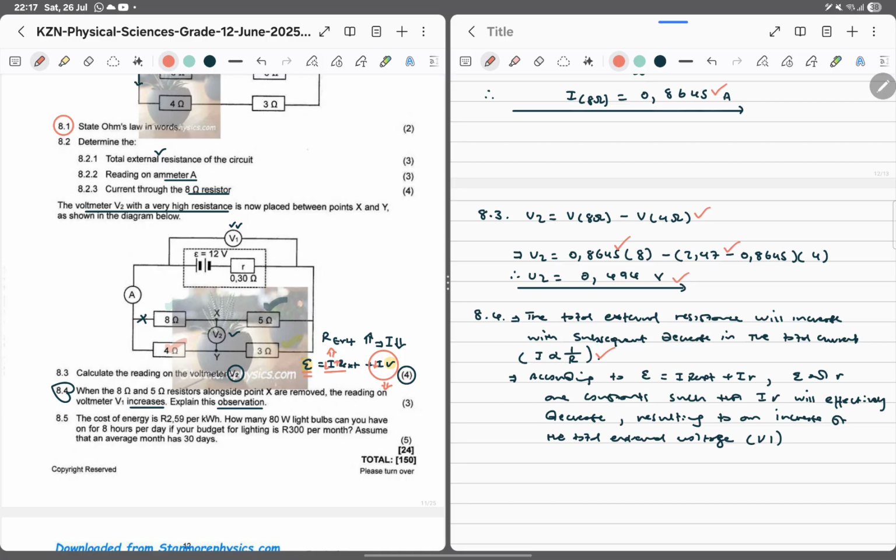I would give a mark for that. Now, stating that these two are constants, that should be a mark, such that this one effectively decreases. Maybe we can say this whole phrase up until there would be a mark, resulting in an increase in the total external voltage, which is V1. Okay, I don't know, guys, but it's just easy stuff. You find a way of saying it.